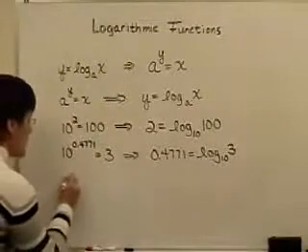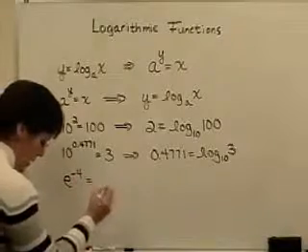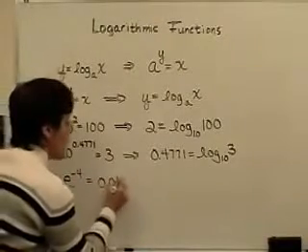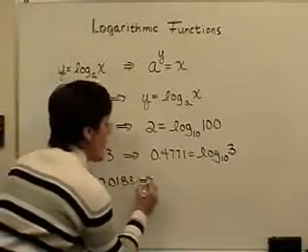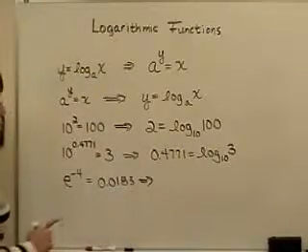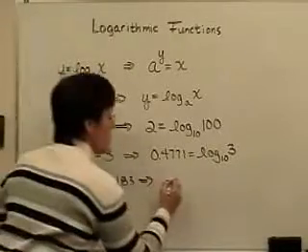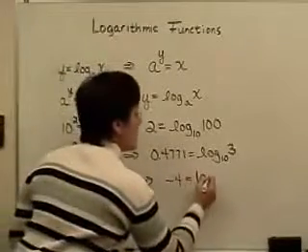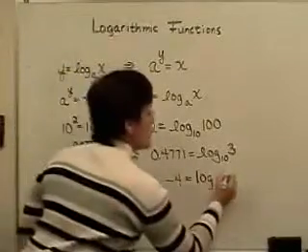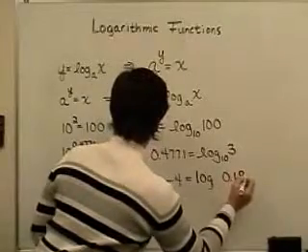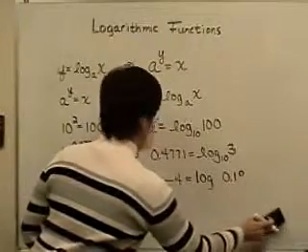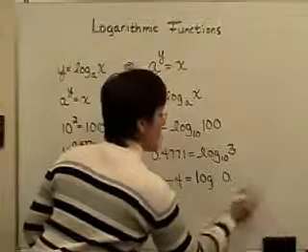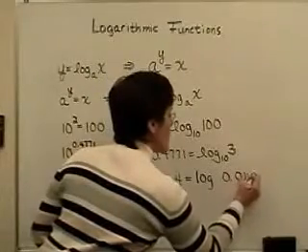If I gave you e to the negative 4 is equal to 0.0183, and I asked you to put that in logarithmic form, you would take your exponent, and it is equal to the log of your answer over here, 0.0183.